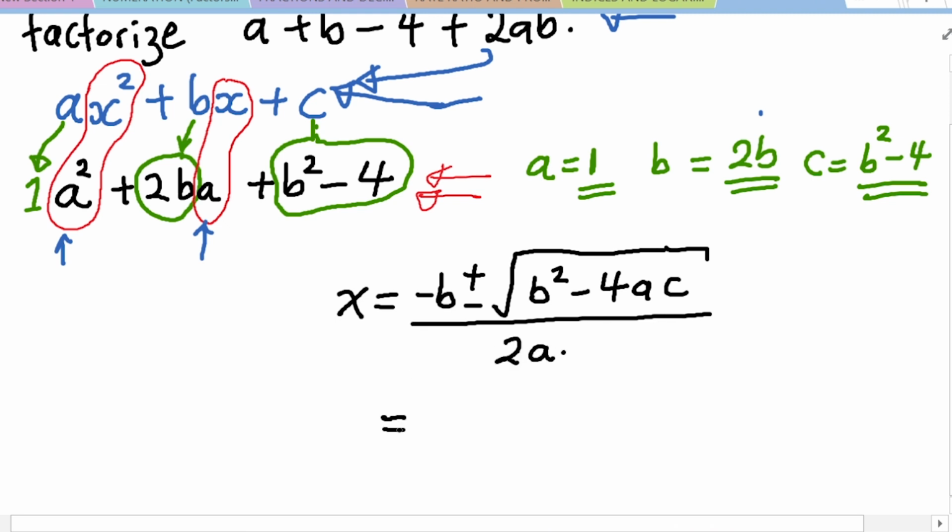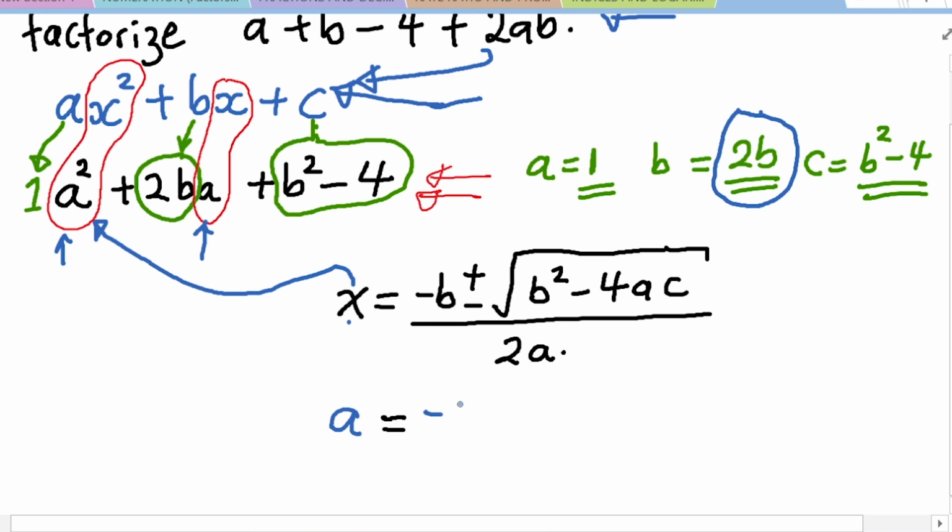So I shall come here and say that where there is x, I put a, right? So my value of x according to this expression is the a. So my value of a is given by minus b. Now my b is 2b.